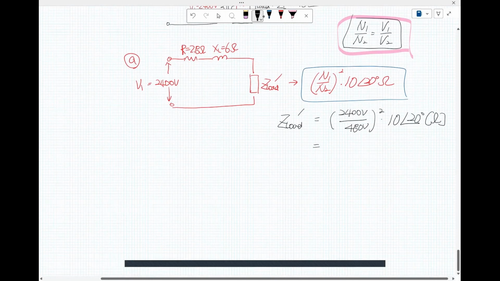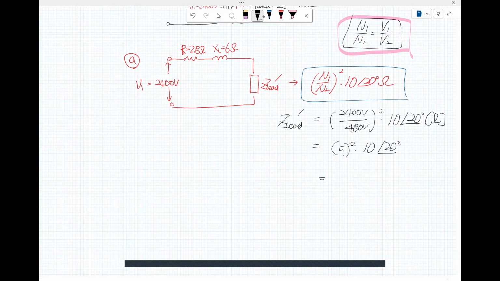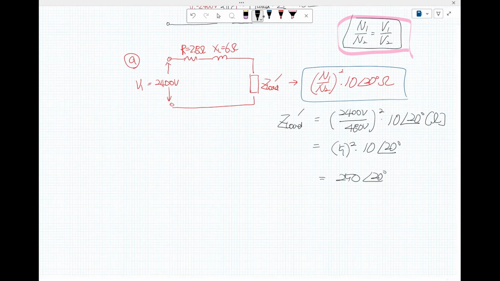So that was 5 squared times 10 ohm, so 250 ohm at 20 degrees. That's the answer.